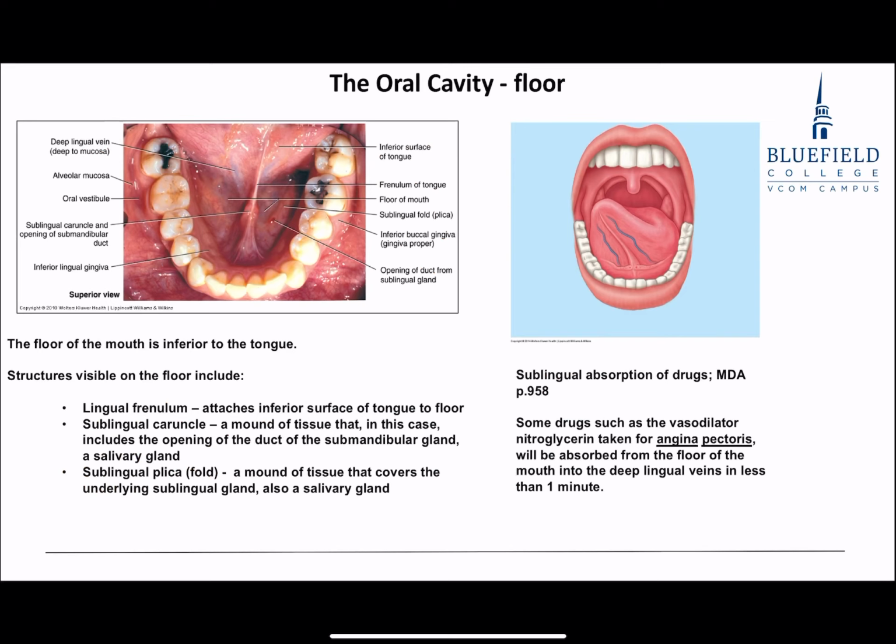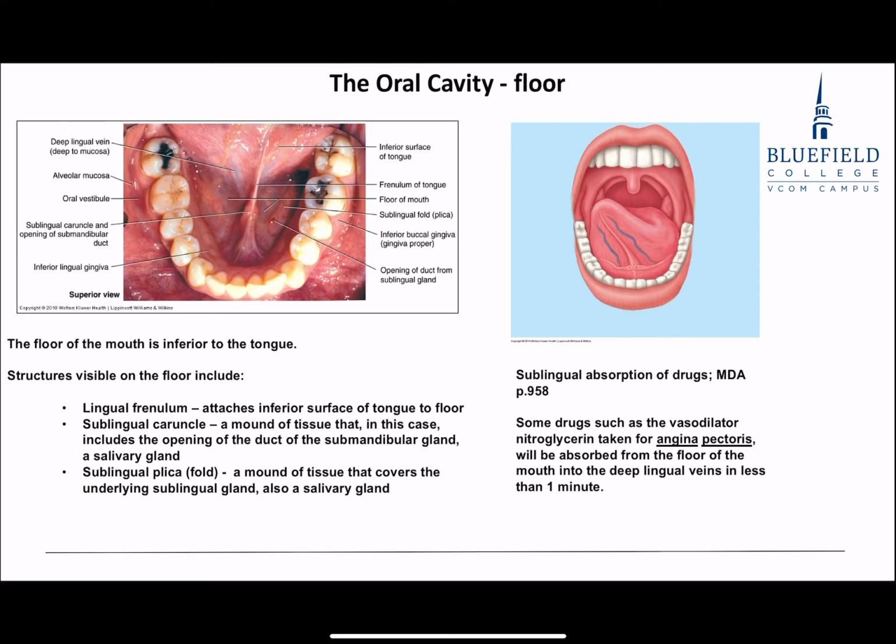So the floor of the oral cavity, I mentioned the mylohyoid. I don't have a picture of that muscle in here, but you've already studied that. But when we look at the floor of the oral cavity from the inside, mostly, of course, what we see is the tongue. If we elevate the tongue, as in this image right here, we see some characteristic structures.